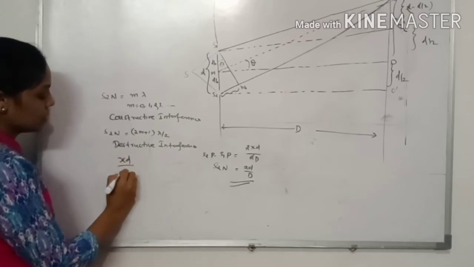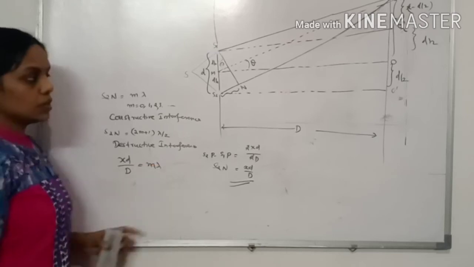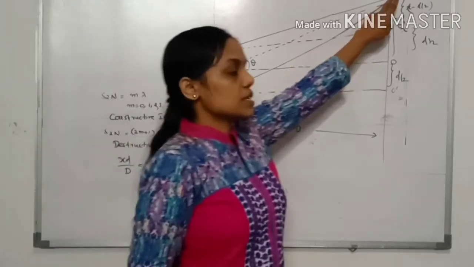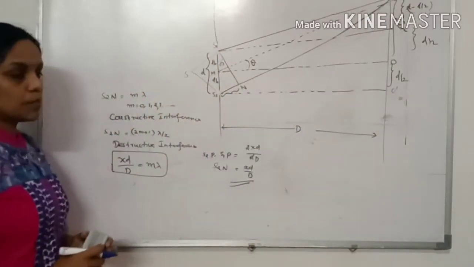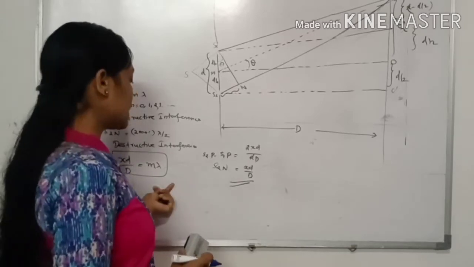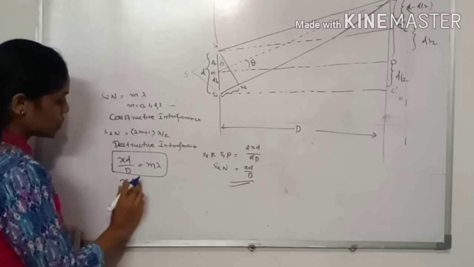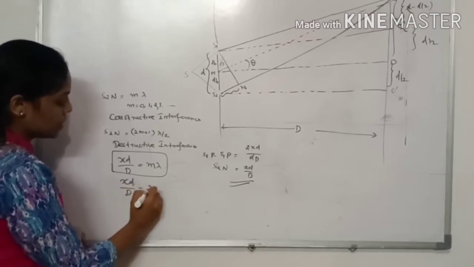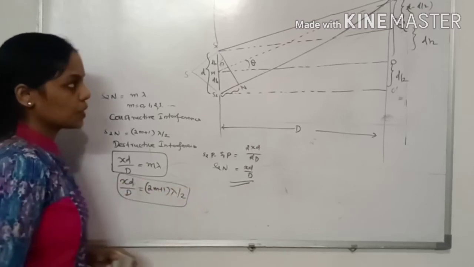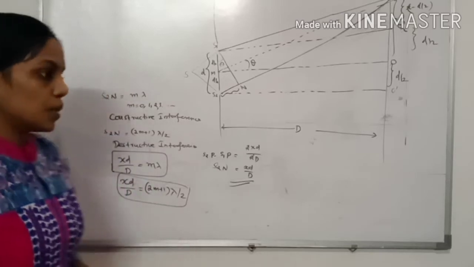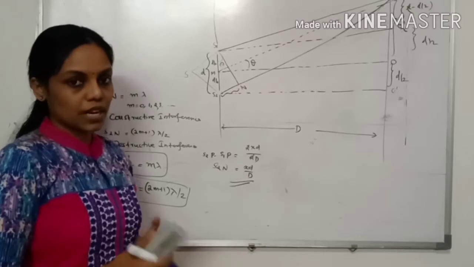So when xd by D is equal to m lambda, you will get constructive interference at the point P, and when xd by D is equal to 2m plus 1 lambda by 2, you will get a dark fringe at the point P. So according to these two conditions, you will get dark and bright fringes.